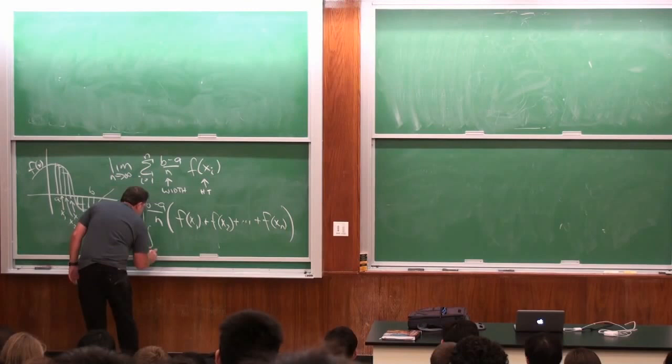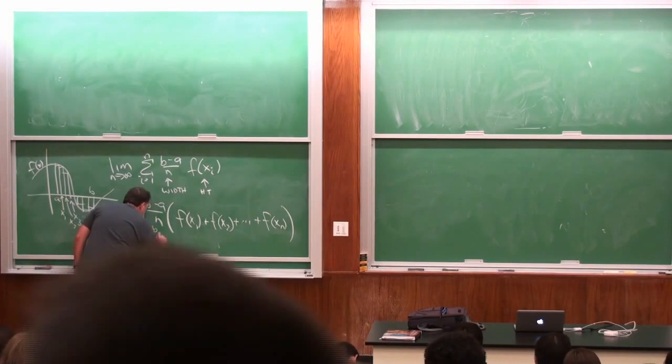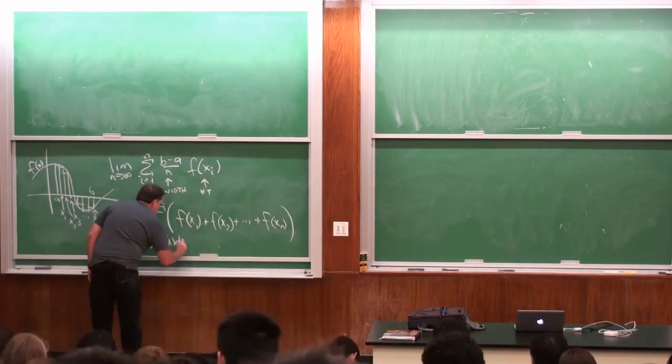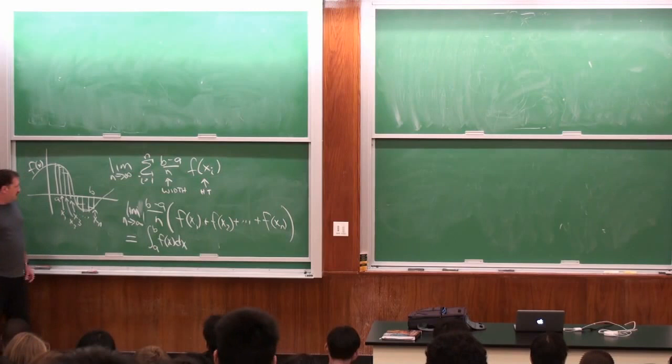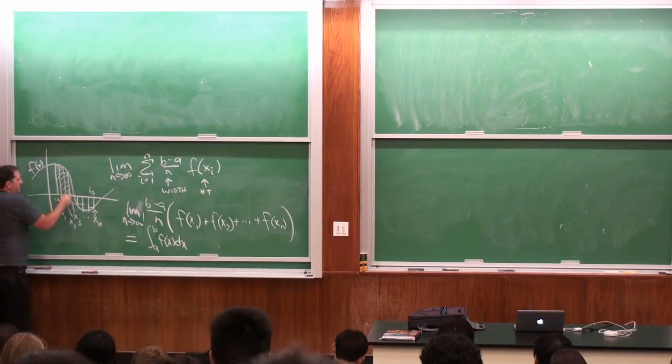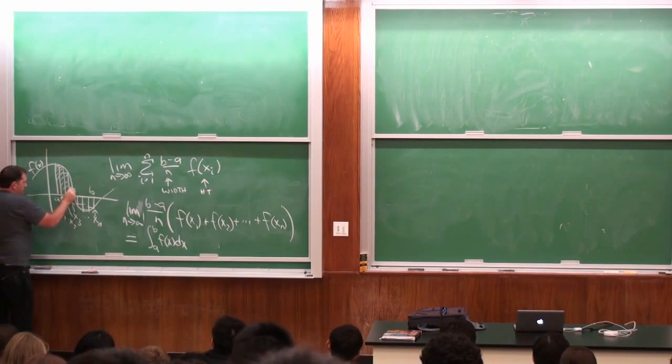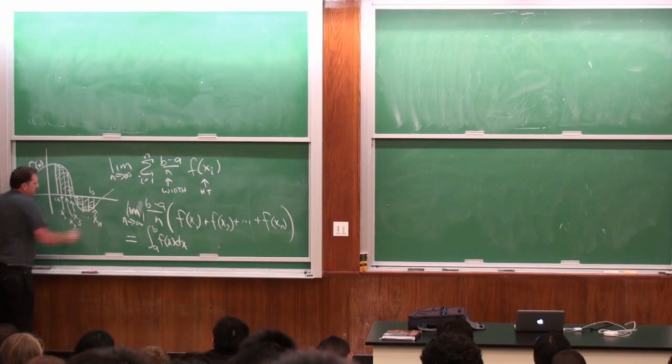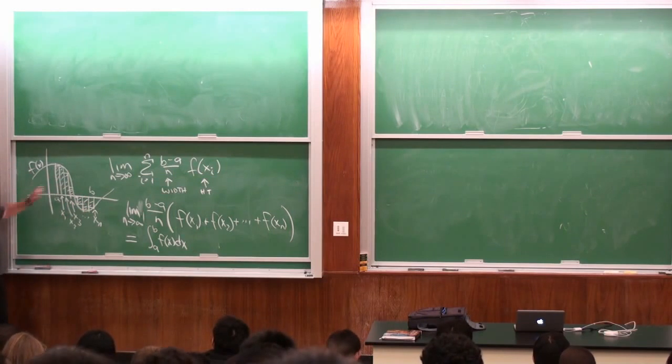This is defined to be the integral from a to b of f(x). This limit. So I do this little job where I add up all of these areas, and then I take the limit of the number of slices to infinity. Right?